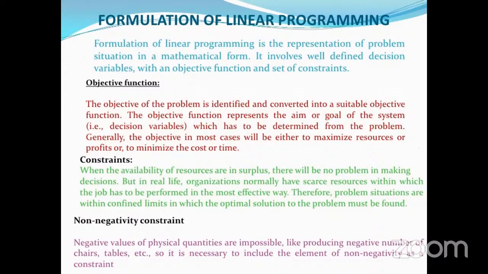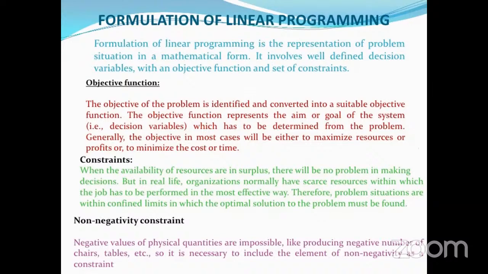So whenever a business problem is given to you, first you need to identify the decision variables upon which you want to take a decision. That is the first thing in the formulation. Before that, what is the aim of the business? Second is decision variables. Third is the objective function.